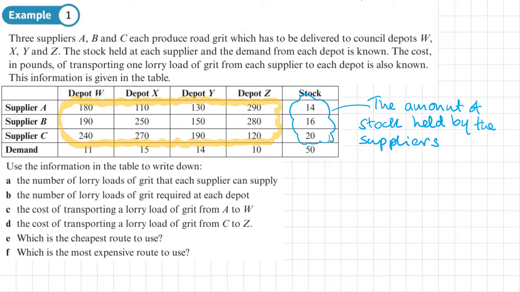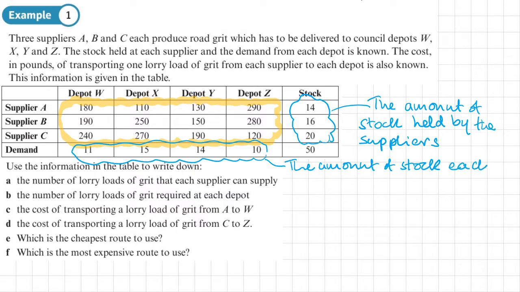So I'll just highlight that. So these numbers here represent the amount of stock each depot or delivery point needs.